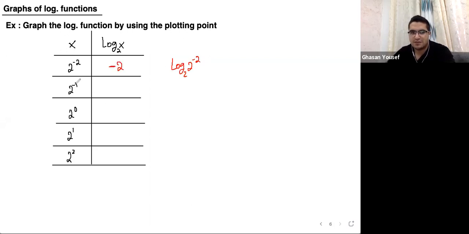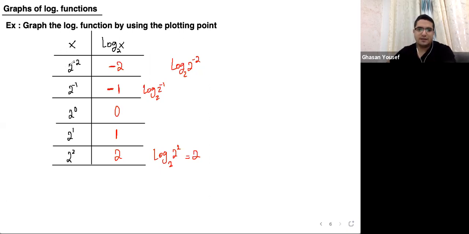The same for 2 to the power minus 1, I get minus 1. And 0 will be 0, 1 will be 1, and 2 will be 2. Just plug these values inside the logarithm. Again, the logarithm of 2 to the power 2 with base 2 is 2.